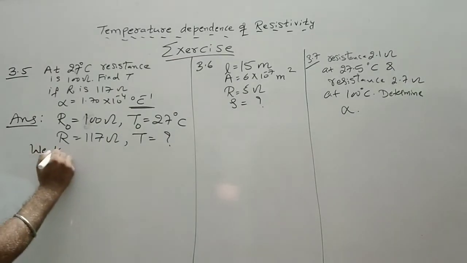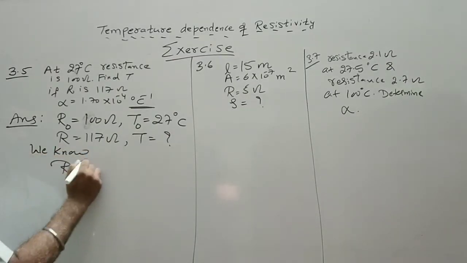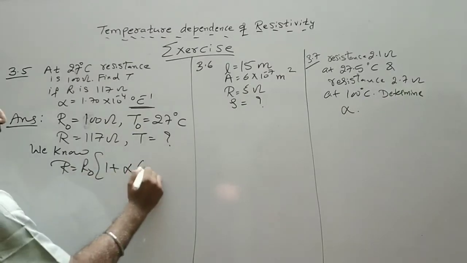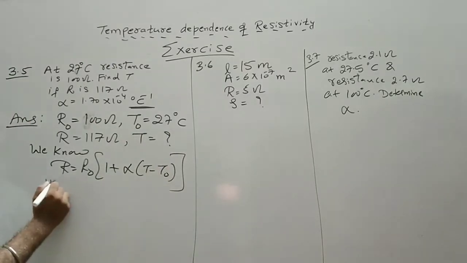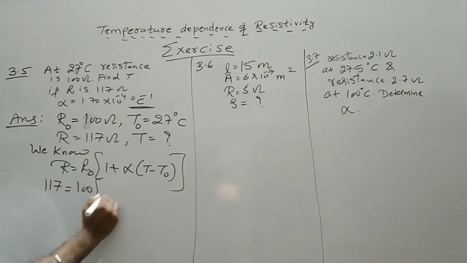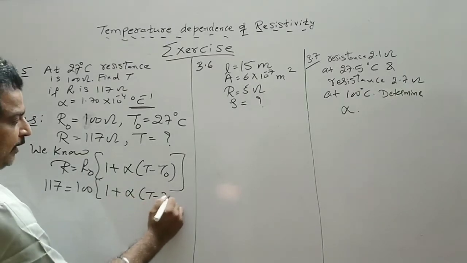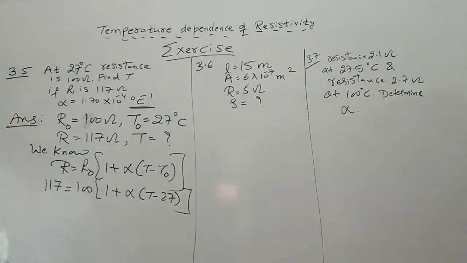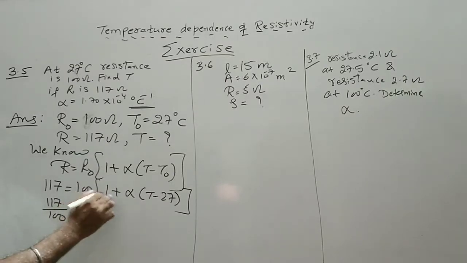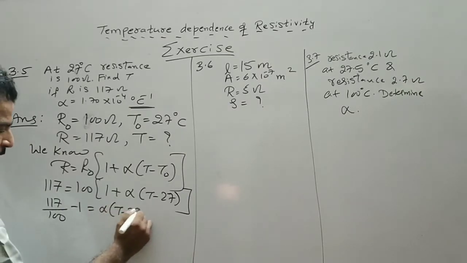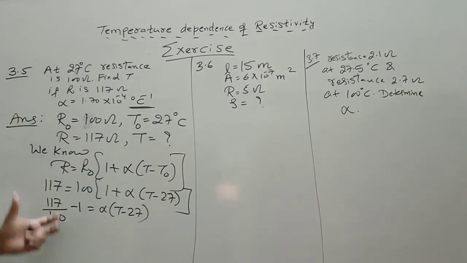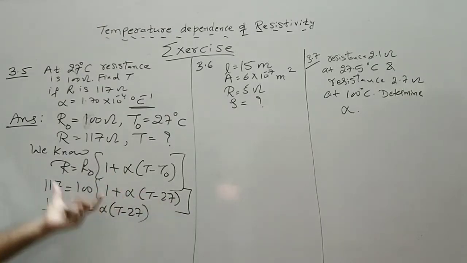So directly you write the formula. We know R is equal to R0 times 1 plus alpha into T minus T naught. So you substitute the values: 117 is equal to 100 times 1 plus alpha into T minus 27 degree centigrade, where alpha is given. First, 117 divided by 100, then we bring the 1 to this side, that is equal to alpha into T minus 27. It will be easier if, instead of opening the bracket, we do this.